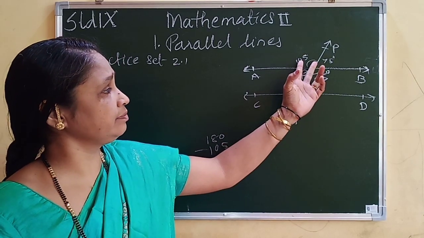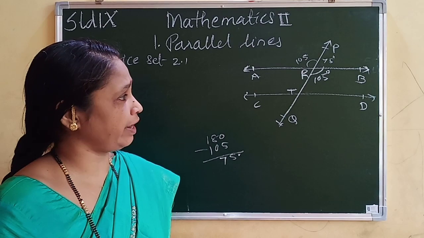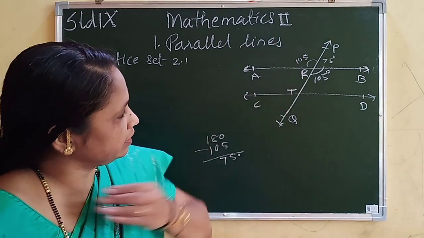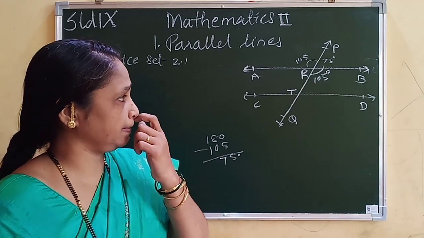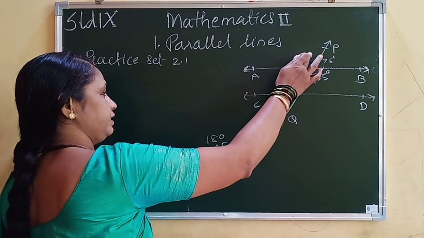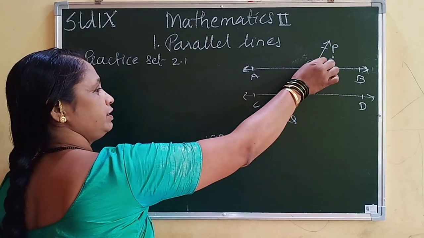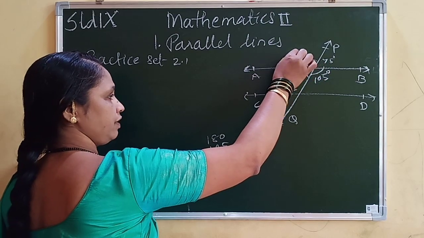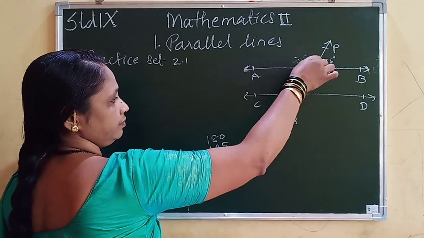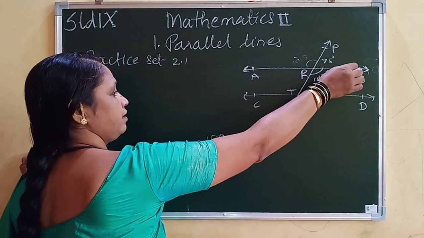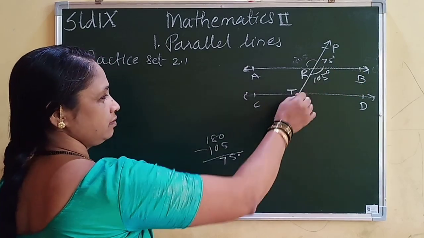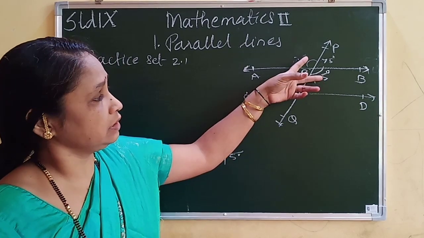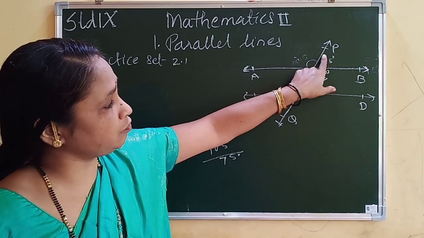Then you will get 105 degrees here. Angle ARP and angle BRT are vertically opposite angles. So this is 105 and this we have to find out.